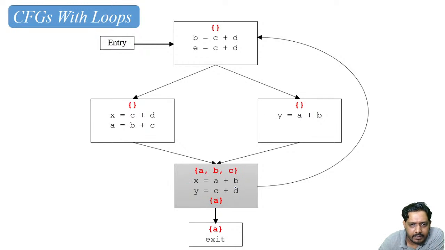Okay, so definitely here A, B, C, and I think A, B, C, D is there. Y, okay. I think I have done it wrong.